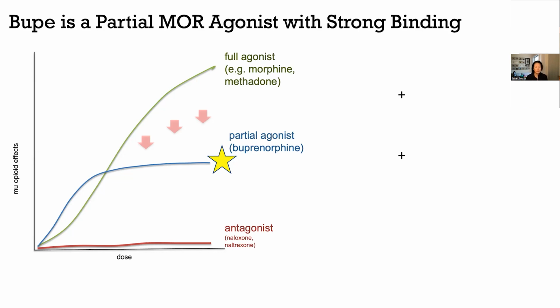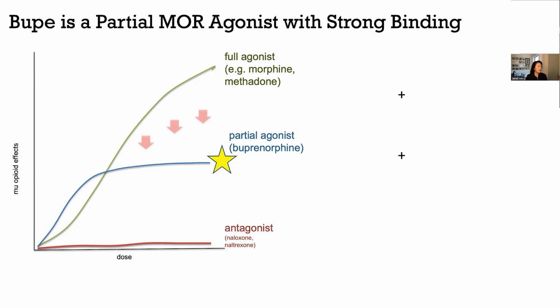To orient you quickly to this chart, the x-axis is the dose, so increasing opioids as you move further out, and the y-axis is the mu-opioid effects. This includes things like respiratory depression, nausea, constipation, euphoria and, of course, analgesia.